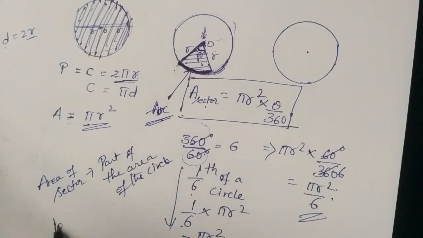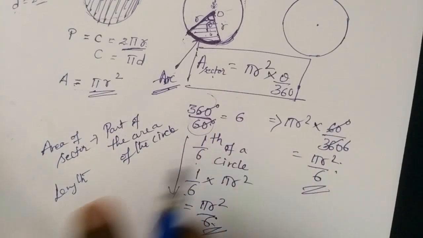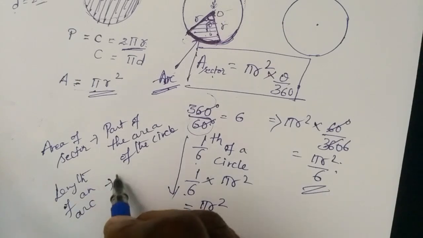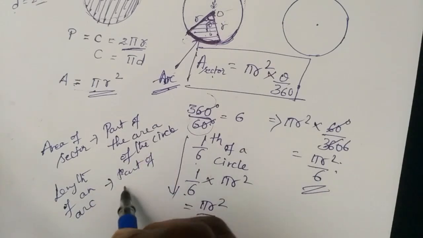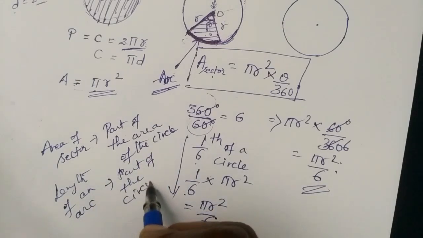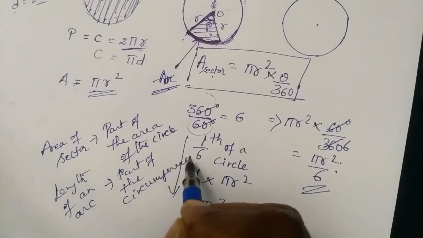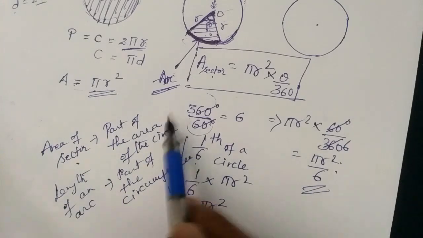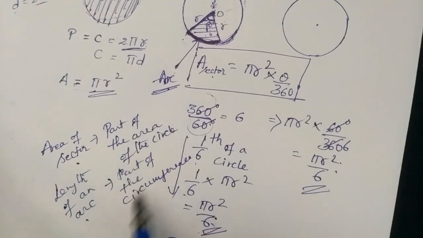Similarly, length of an arc is the part of the circumference. So these two, remember: sector is always part of the area of a circle, and arc is the part of the circumference.